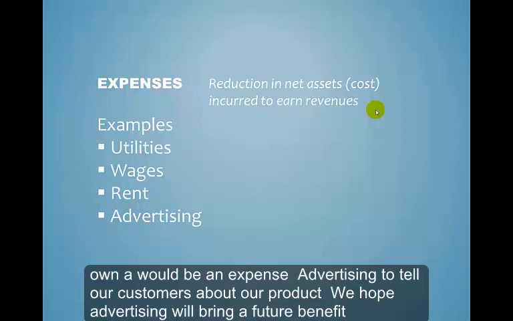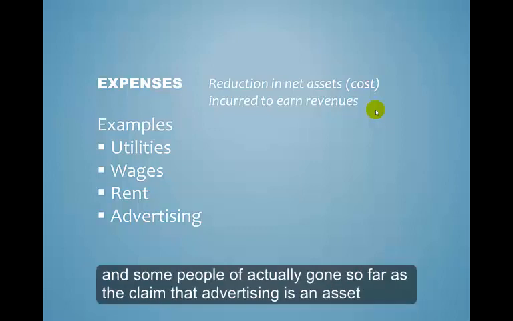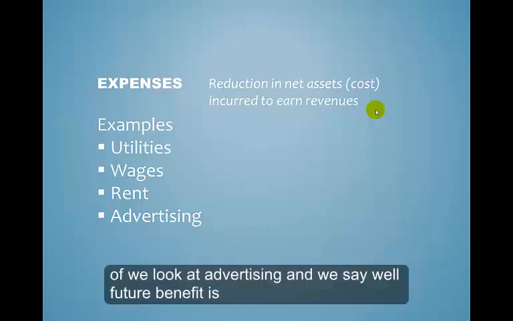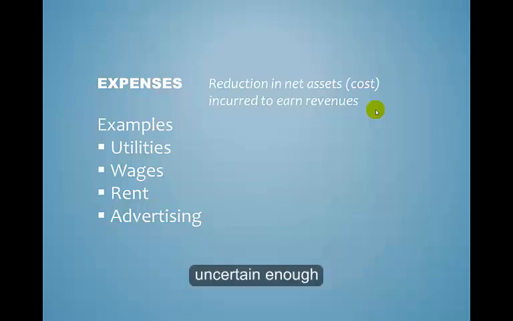Now, we hope that advertising will bring a future benefit, and some people have actually gone so far as to claim that advertising is an asset. But in accounting, we look at advertising and we say, well, the future benefit is uncertain enough.